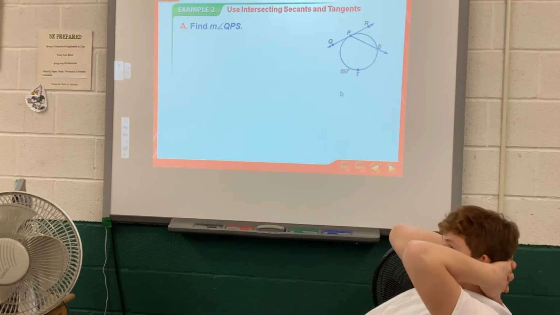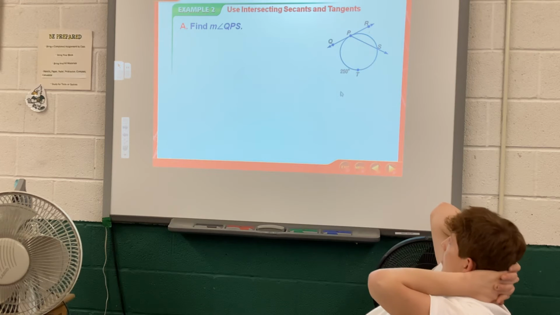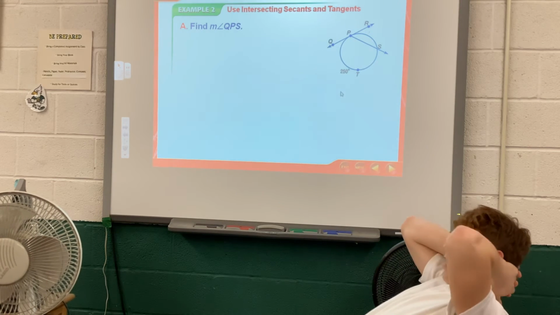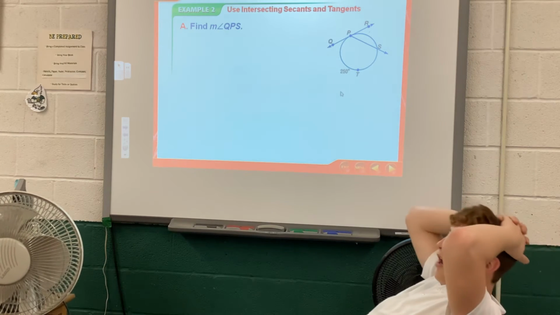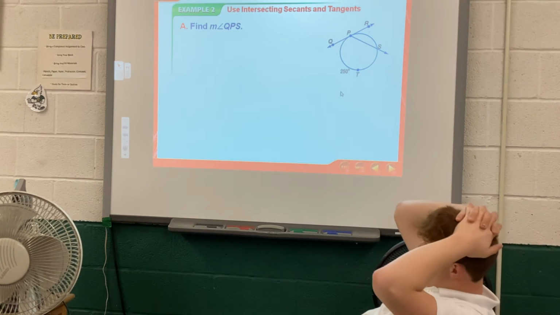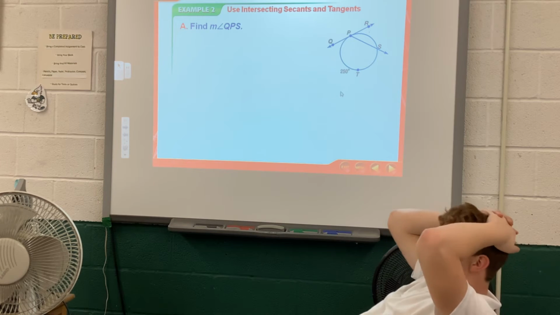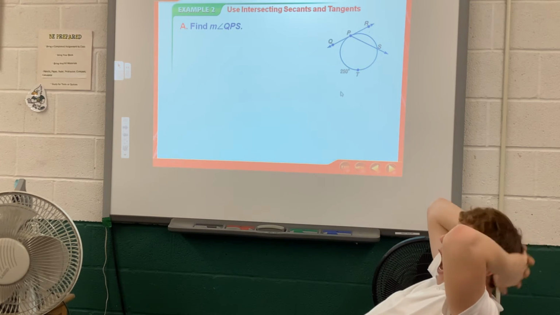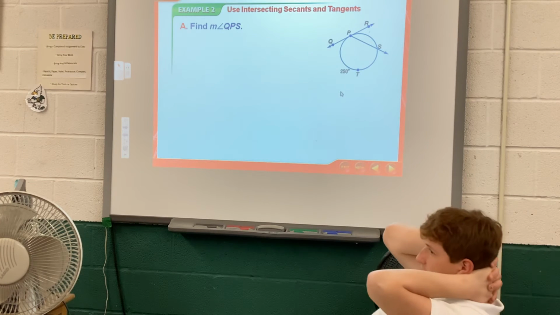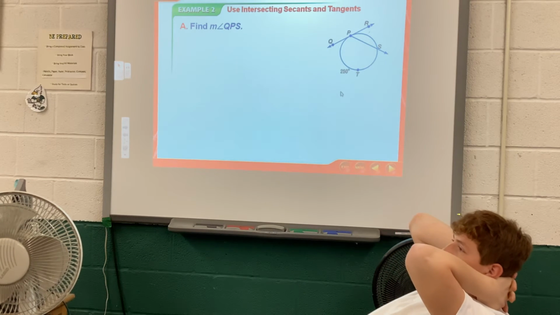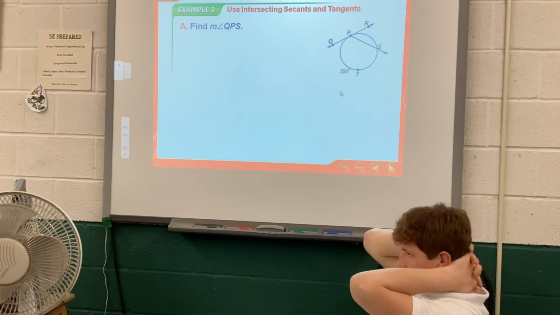One arc right here, and then in this case right here, we just didn't extend this. So this could have been a tangent line. So if I extend this, we're going in this direction too. There's another arc right there that we could use. So if I have 250 as my arc, how do I get back to QPS? Divided by 2. So what's 250 divided by 2?